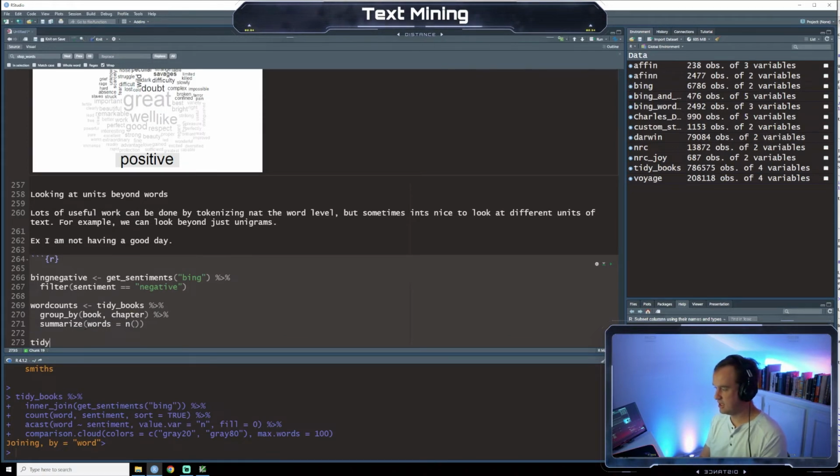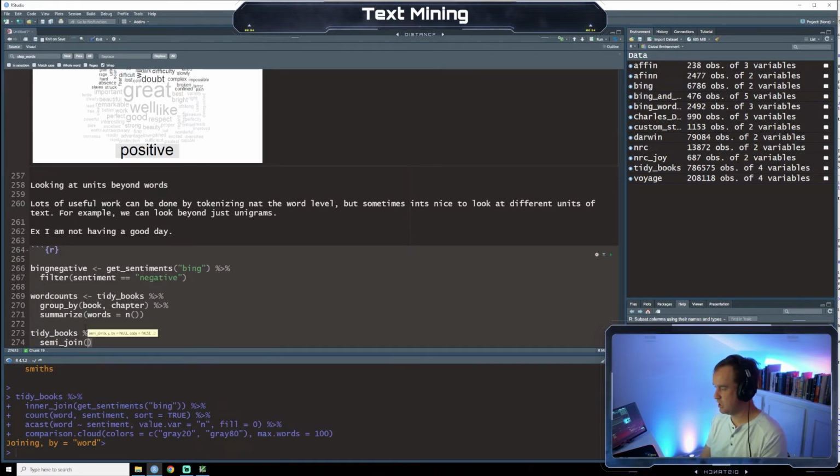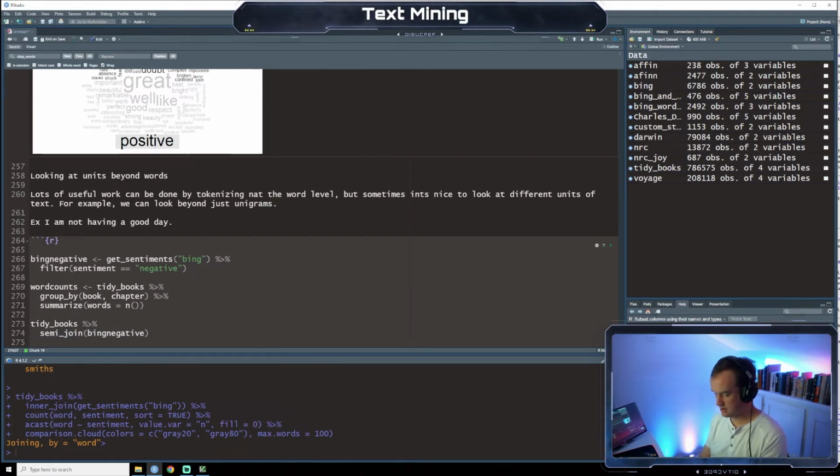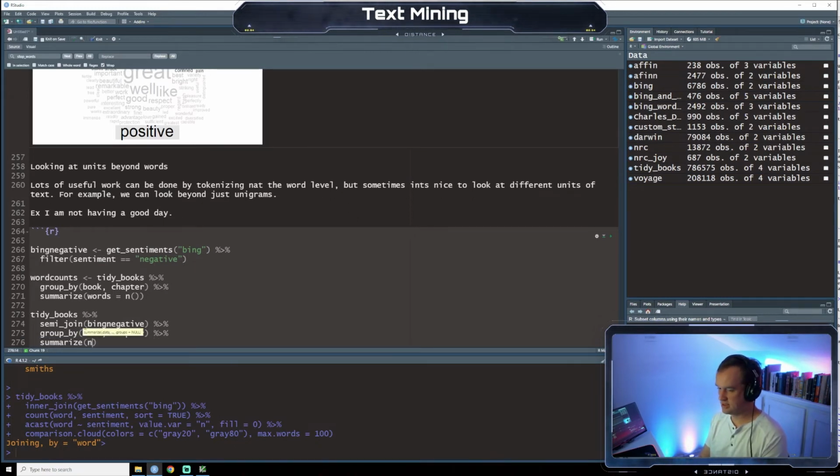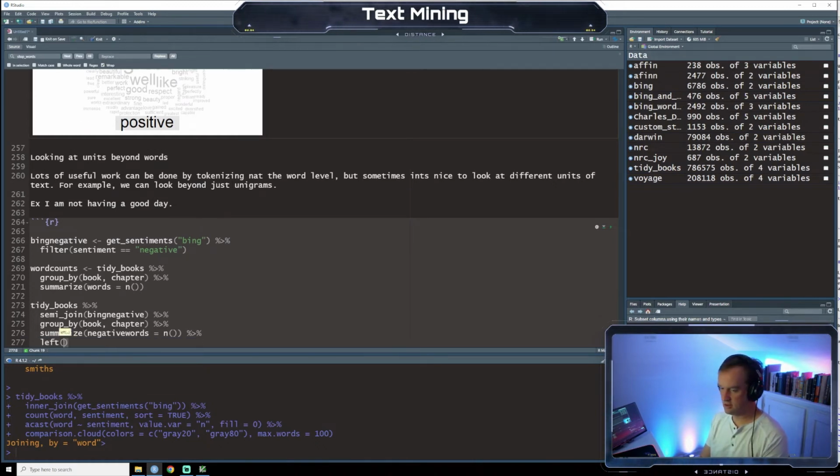And then tidy books, semi-join, bing negative, group by book, chapter, summarize, negative words equals n, left join, word counts, by equals c(book, chapter).